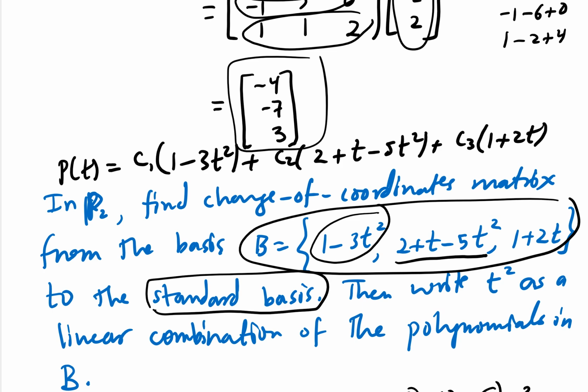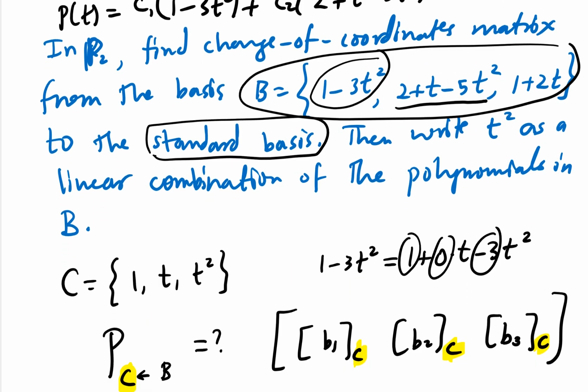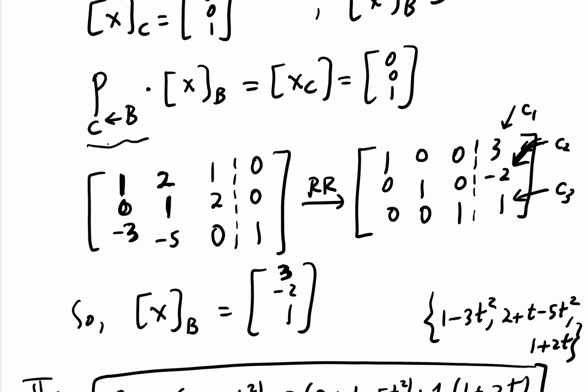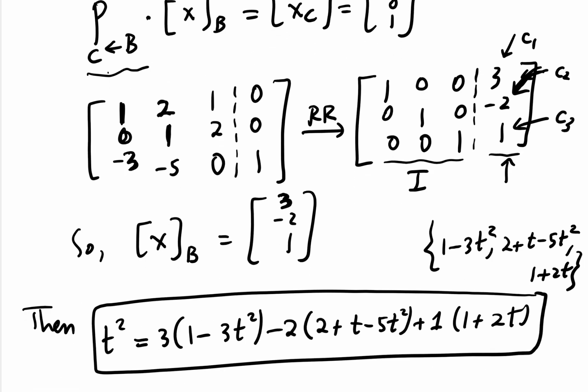But in order to get c1, c2, c3, we need to find the components of x in the basis B. And how to do so? We take the matrix from B to C times x in B, and then use the 0, 0, 1, and clean up to turn this into an identity matrix. Whatever you have here is going to be the components of the vector x in the basis B, and those will be the c1, c2, c3. I'm looking forward to writing it this way.